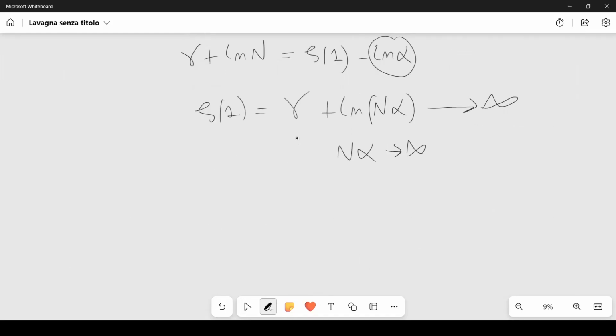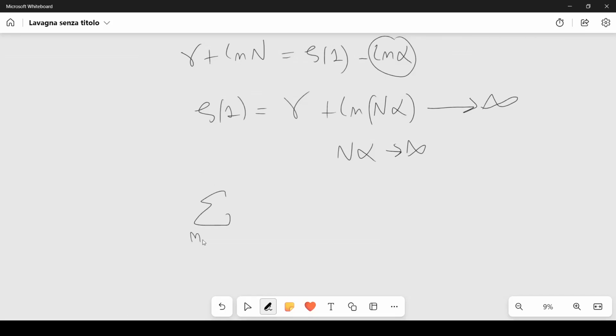Now, if you go and check the value that the zeta function has for its argument equal to 1, you see a divergence. So this is an intuitive way to explain why there is a divergence at z of 1, right?